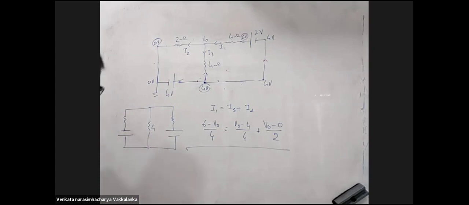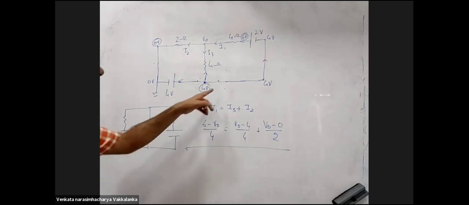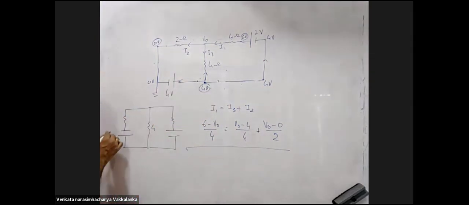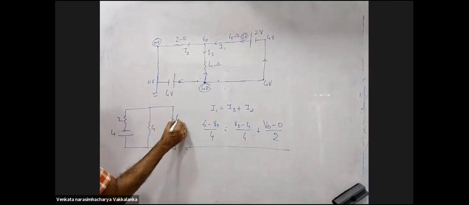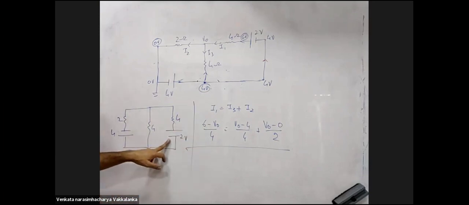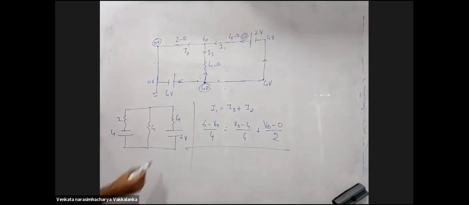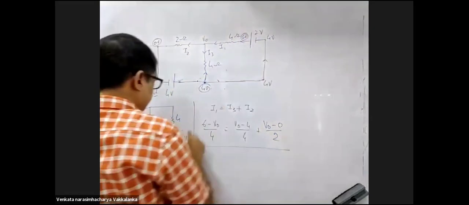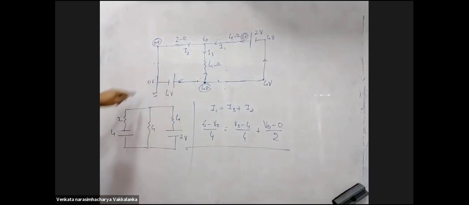So in what we did previously, I think the 2 volts battery, the polarity was reversed. So here while copying the question, or while solving, I might have taken it wrong. So for the second procedure, make the rectification. 2 volts battery, if I keep it here, positive will be above. Here, 4 volts battery, positive will be below.